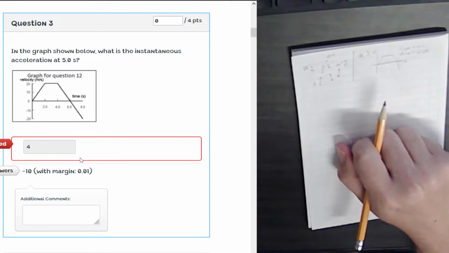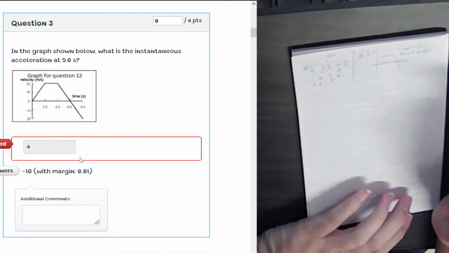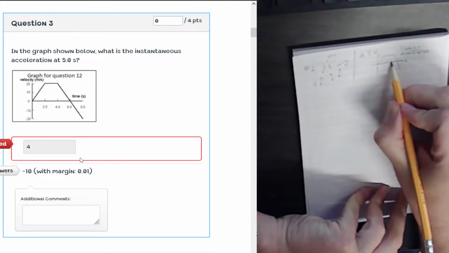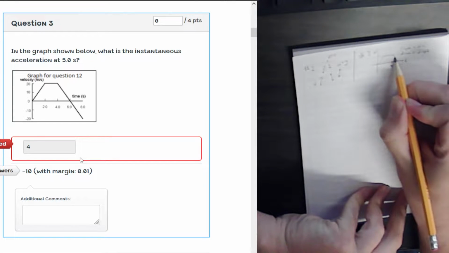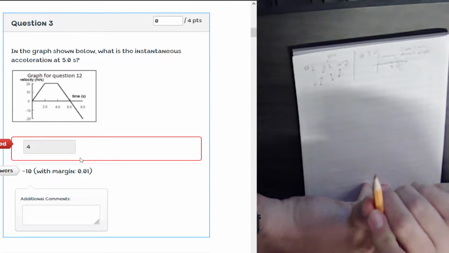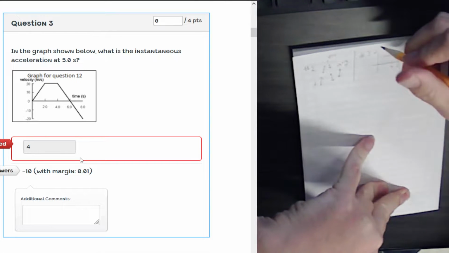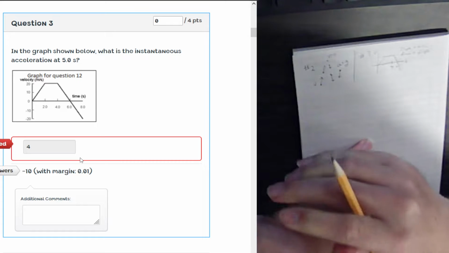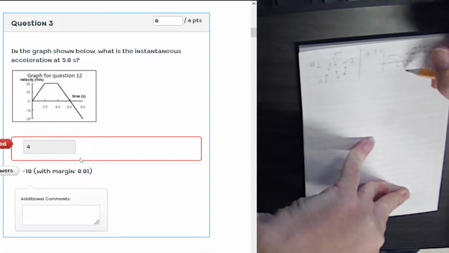And then it asks for the instantaneous acceleration at 5 seconds. So 5 seconds, looks like this occurs at 4, and this is 6. So 5 seconds is going to be somewhere on this line here. So for instantaneous acceleration, we want to find the slope of the tangent line. Well, the tangent line at 5 seconds is just going to be the same as the slope of this entire line.